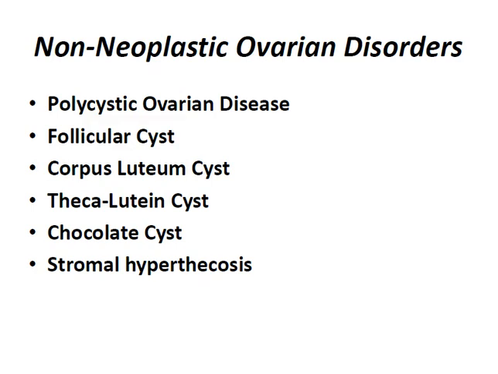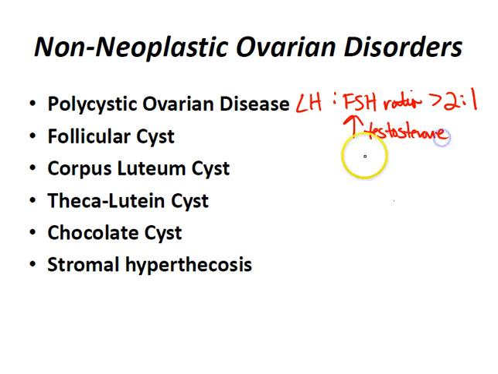So what do we know about polycystic ovarian disease? Well, the LH-FSH ratio is greater than 2 to 1, with a high testosterone and a high estrogen.